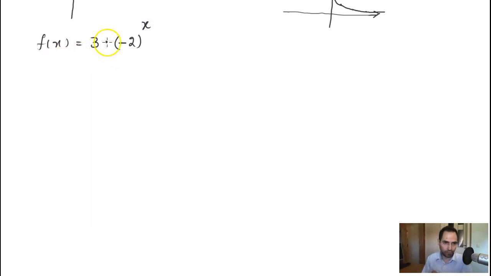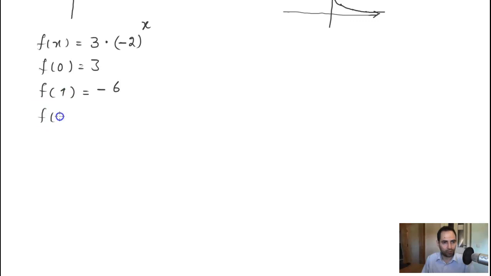If your x is 0, this becomes 1, and so f of 0 becomes 3. And f of 1 becomes negative 2 raised to the first power, which is negative 2, and this becomes negative 6.